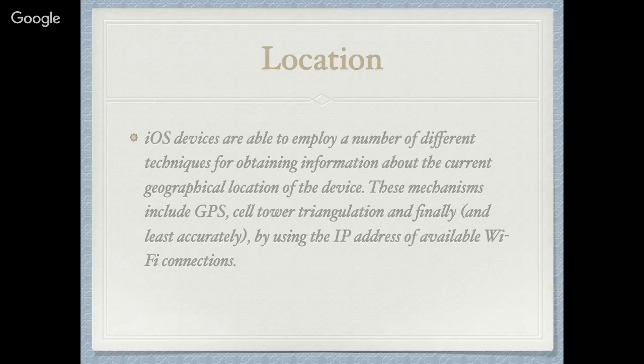When Xfinity gives Rock Valley or your home an IP address, it knows your rough location within about 20 to 30 meters, which is pretty accurate. It's not pinpoint accurate, but it means you could find somebody. If somebody was lost or in an accident, with triangulation of cell towers or even the IP address of a Wi-Fi signal, you could pick up a person's location within a 30 to 50 meter range.